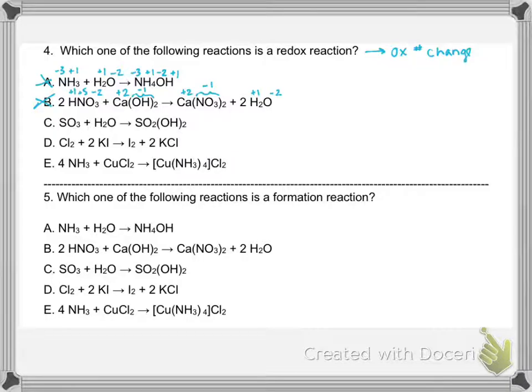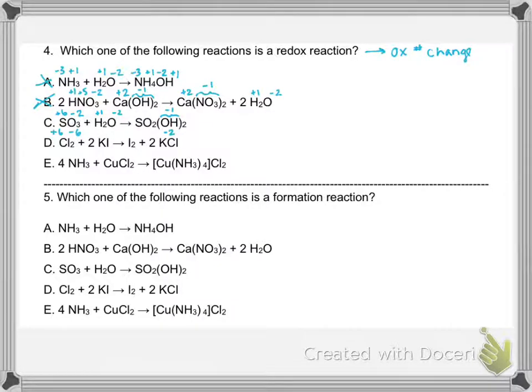Okay, and so then for C, we'll have -2, -6 overall, +6. Water we know is +1, -2. And then here I'll again call our hydroxide overall -1. We have 2 of them, so -2.